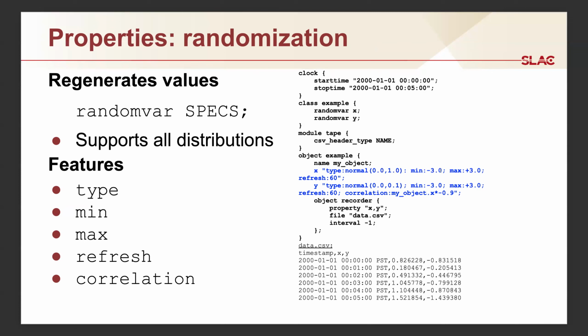But it's clipped at the values -3 and +3. So essentially any value outside 3 sigmas will be truncated to -3 or +3. And the variable is updated every 60 seconds. This refresh statement allows us to tell the simulator to update the random variable and essentially resample the normal distribution every 60 seconds.